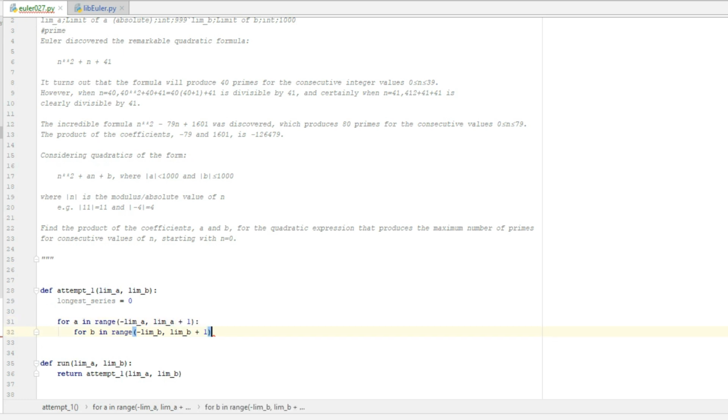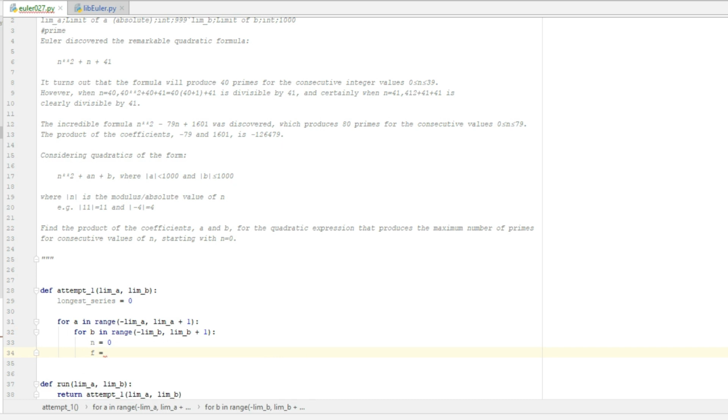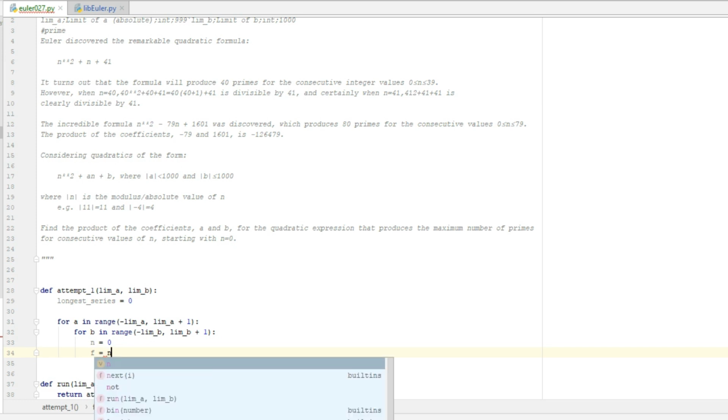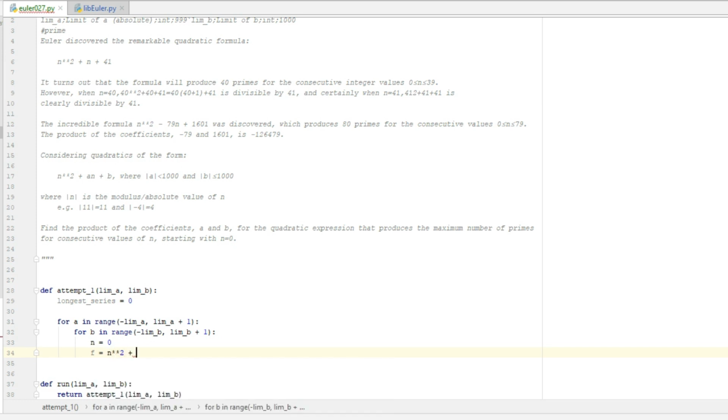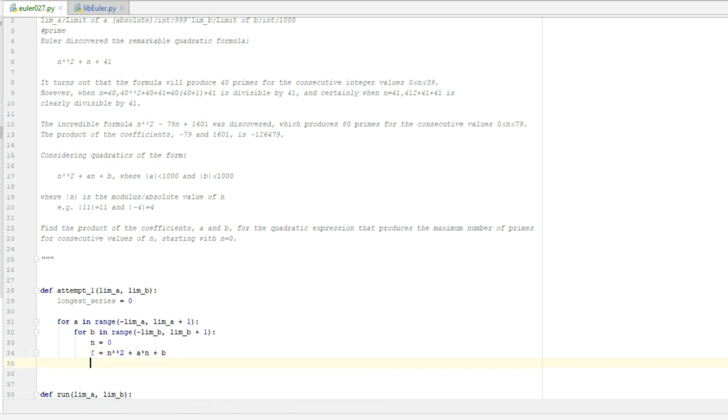Right, and n starts out at 0, and we will get a value from our formula, which I will call f, which is n squared plus a times n, which doesn't need parentheses by the way, plus b. Now, while this is prime, and now we get an interesting bit.